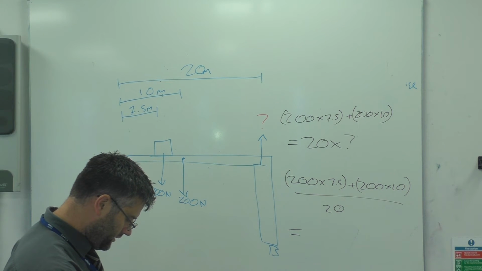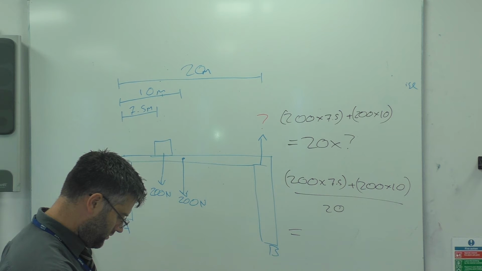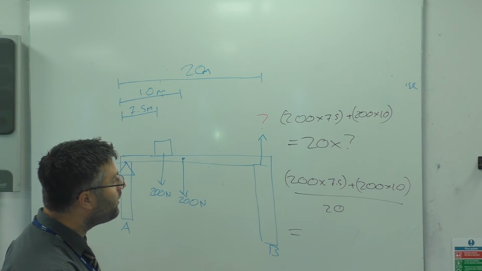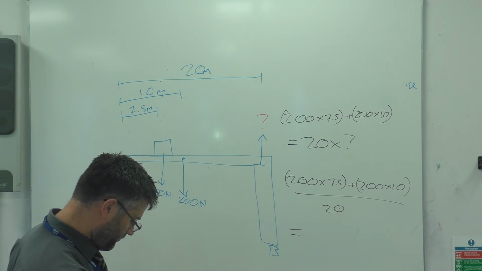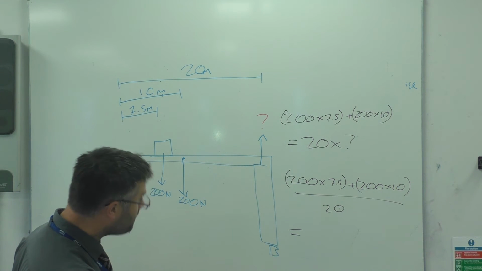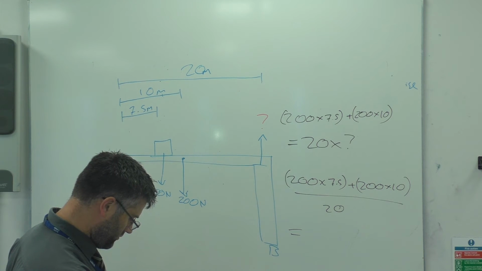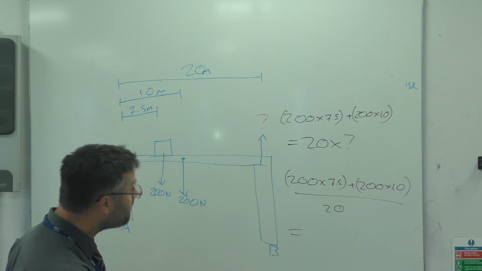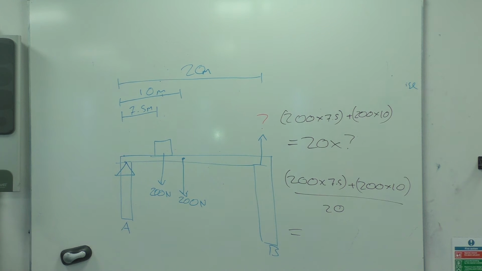So 200 times 7.5 plus 200 times 10, divided by 20.